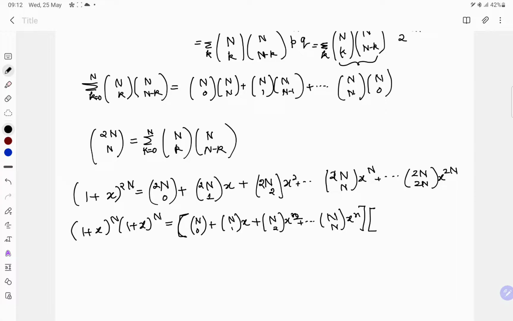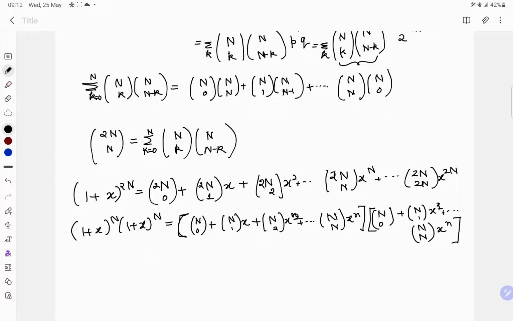Now again there will be the same thing here also, nC0 plus nC1 x to the power 1, and so on, nCn x to the power n.